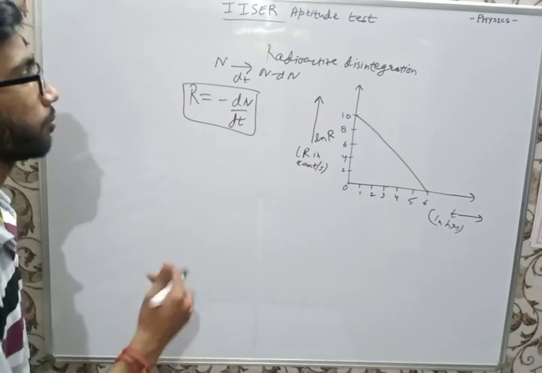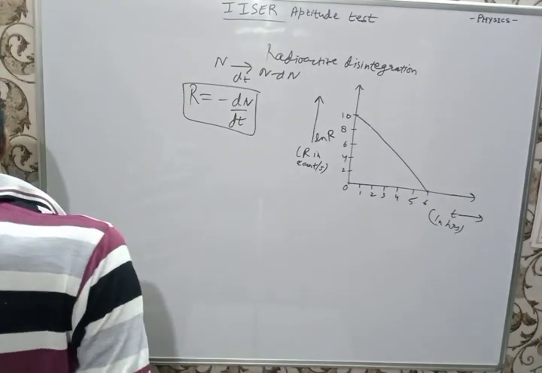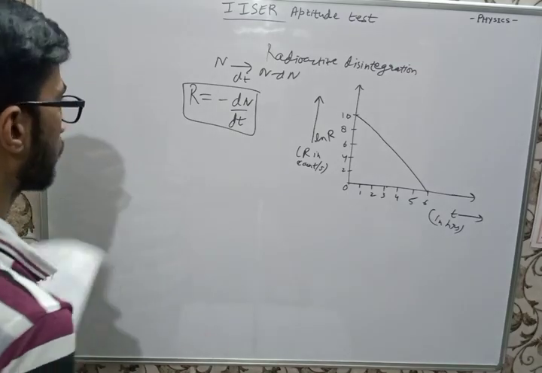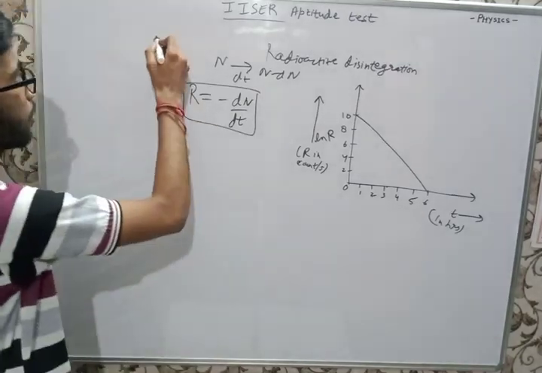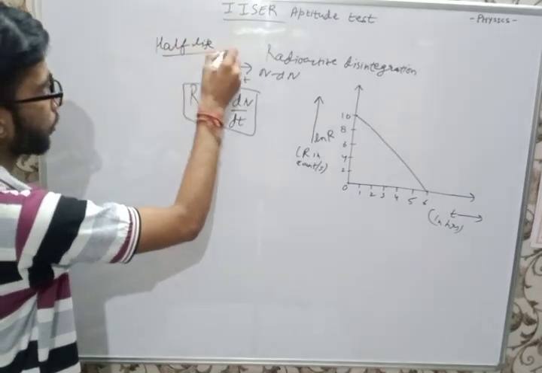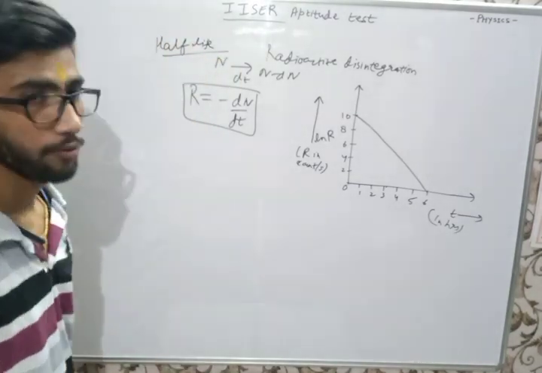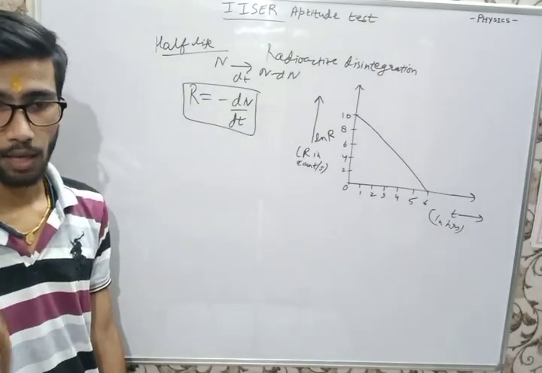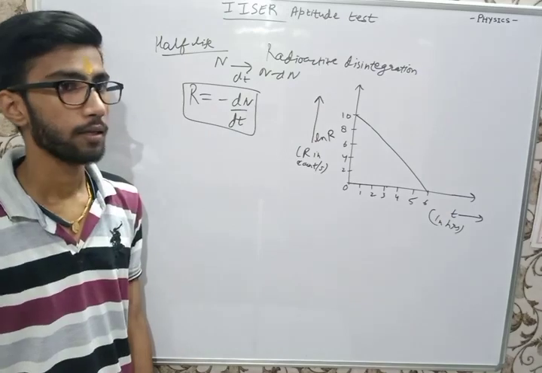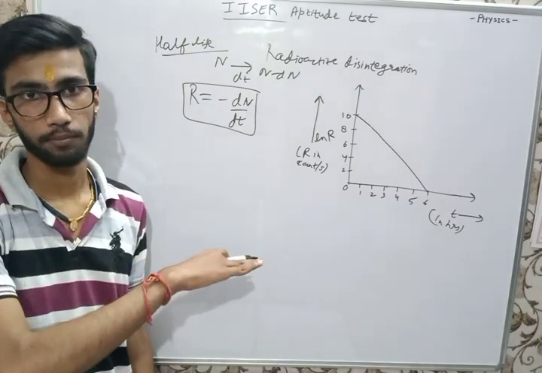So you have to find the half-life of the nuclei. Okay, so what is half-life? Half-life is the time at which the number of nuclei remains half of the initial quantity.